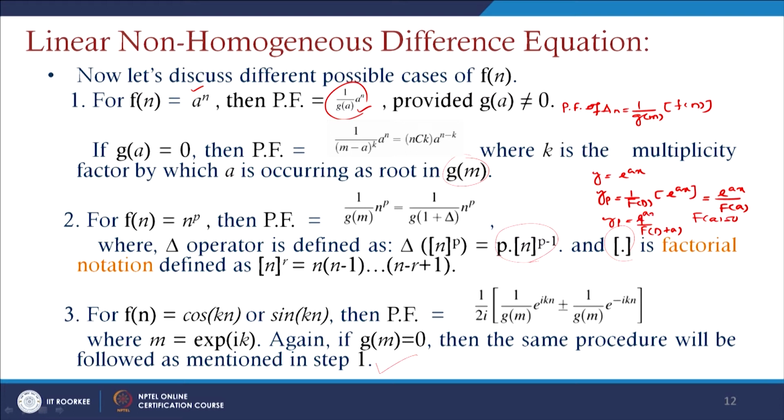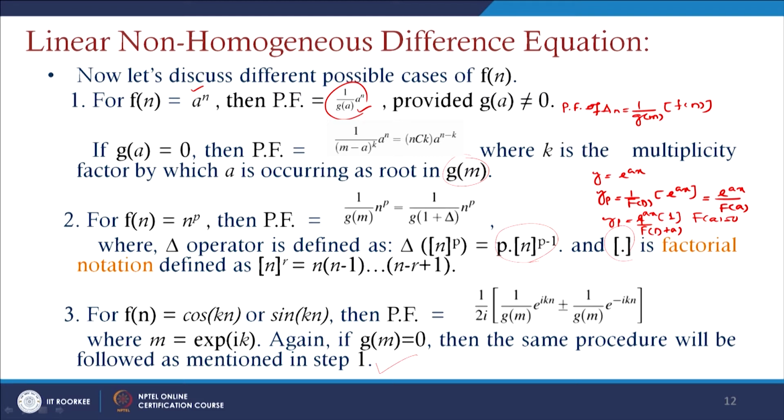So, e to the power ax is operated on 1 here, that is its b(x) function. Similarly, if we go for this geometric expression here, then we can write this particular function as 1 by (m minus a) whole to the power k, since it generates a polynomial of degree k, that is g(m), which is operated on this function a to the power n.